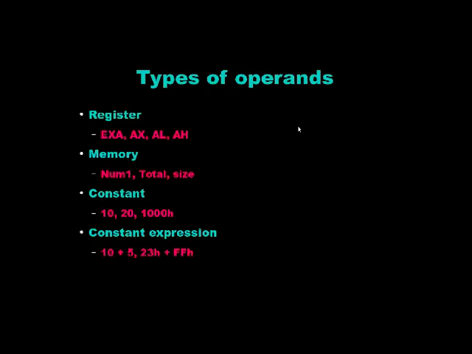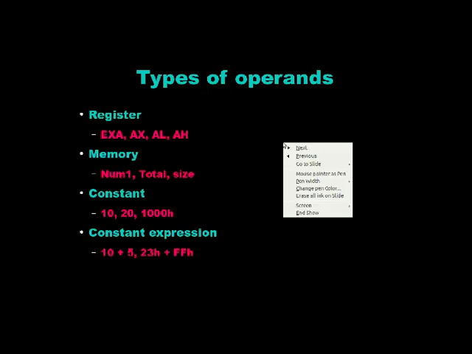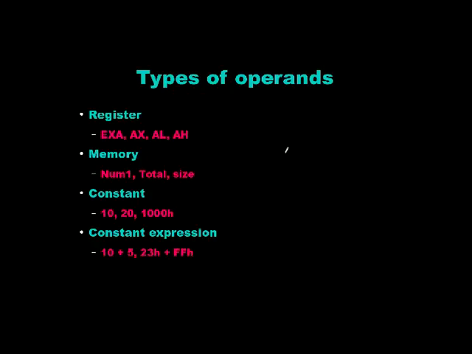Operand of an operation. Let's say I have A plus B. A and B are operands. Let's say A plus AX plus 5. A is a memory location. AX is a register, and 5 is a constant.